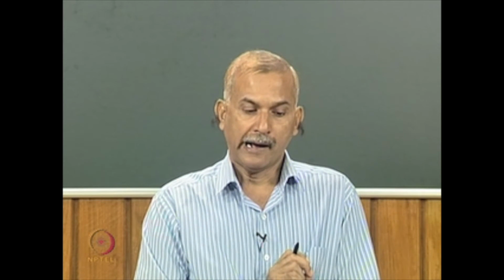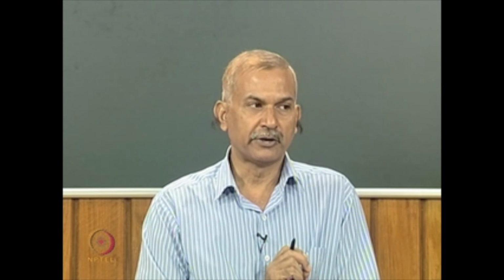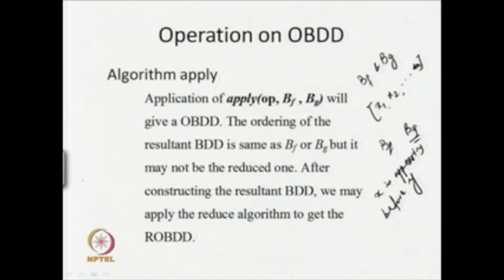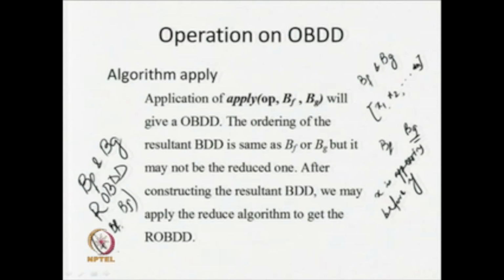So, when we use this apply operation, we give two BDDs, BF and BG, and say that these two are ROBDDs, reduced ordered binary decision diagrams. After application of this operator, plus, BF and BG, what will this apply algorithm return?